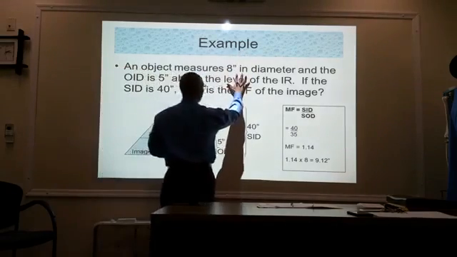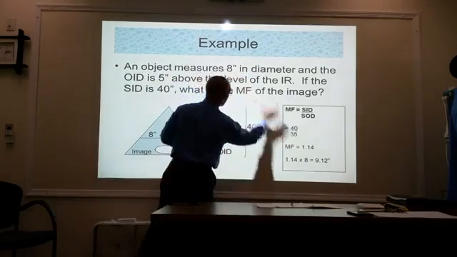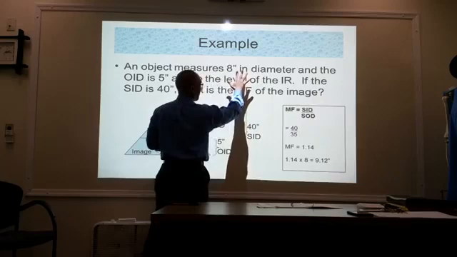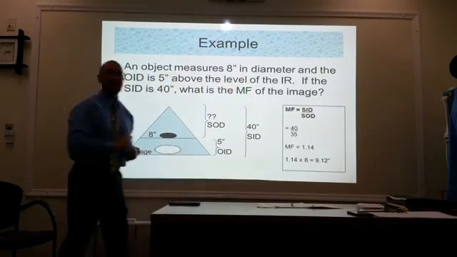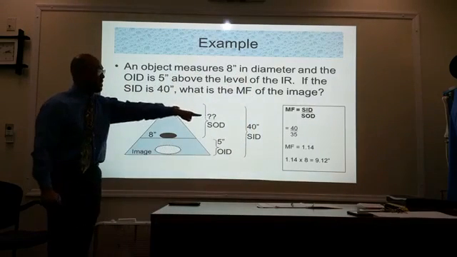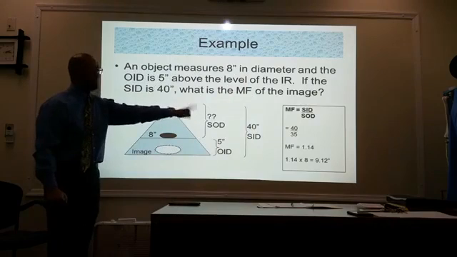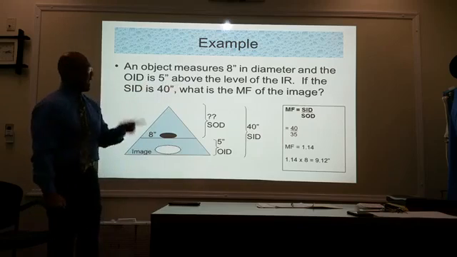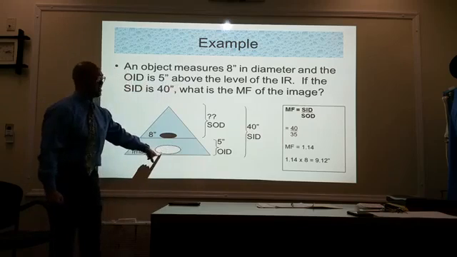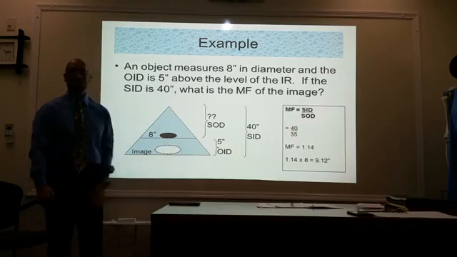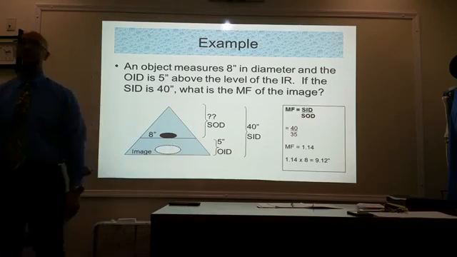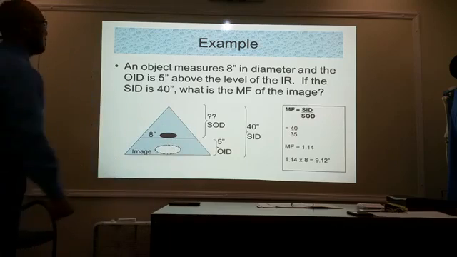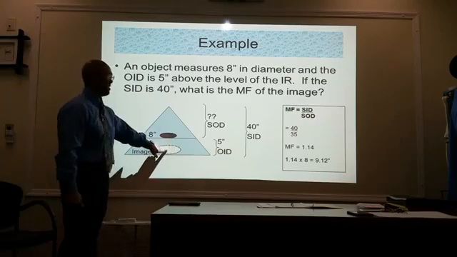It grew by one size, which is the 1, and 0.14. I am going to take 1.14 and multiply it by the 8 inches, and that will give me the projected image size, which is now 9.12. This is making sense, guys? 9.12 is my projected image size.